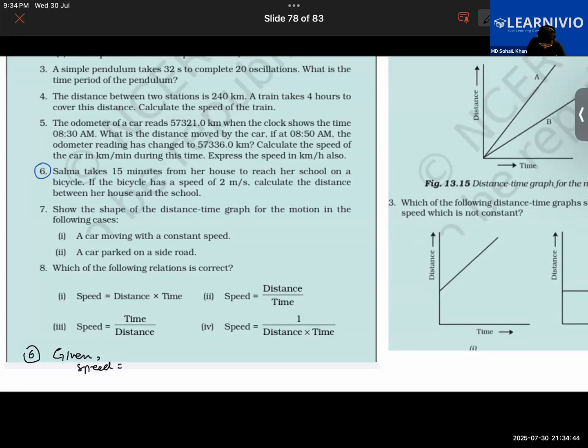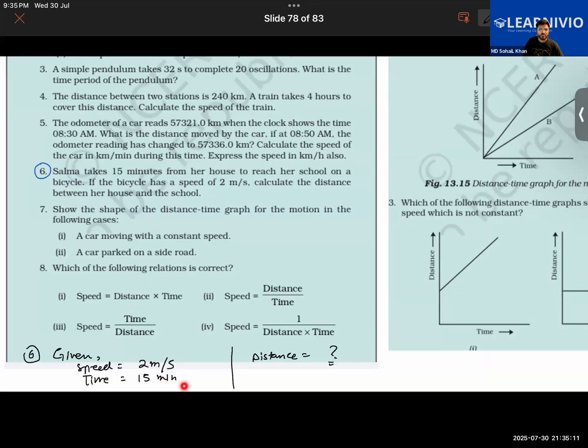Speed, that's 2 meters per second. And the time she takes is 15 minutes. What do you need to find? You need to find the distance between her school and her house. We are solving question number 6 right now. Okay.